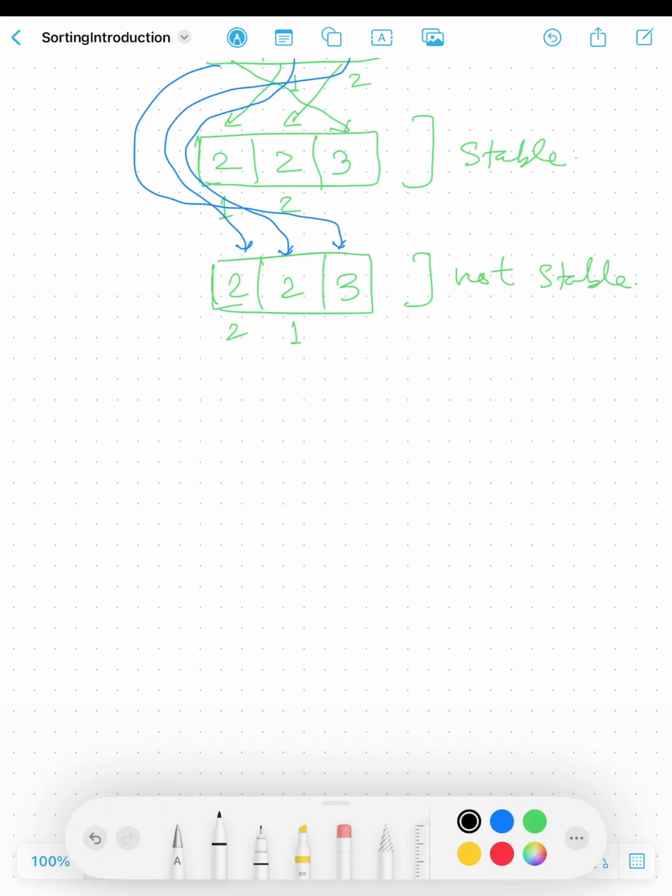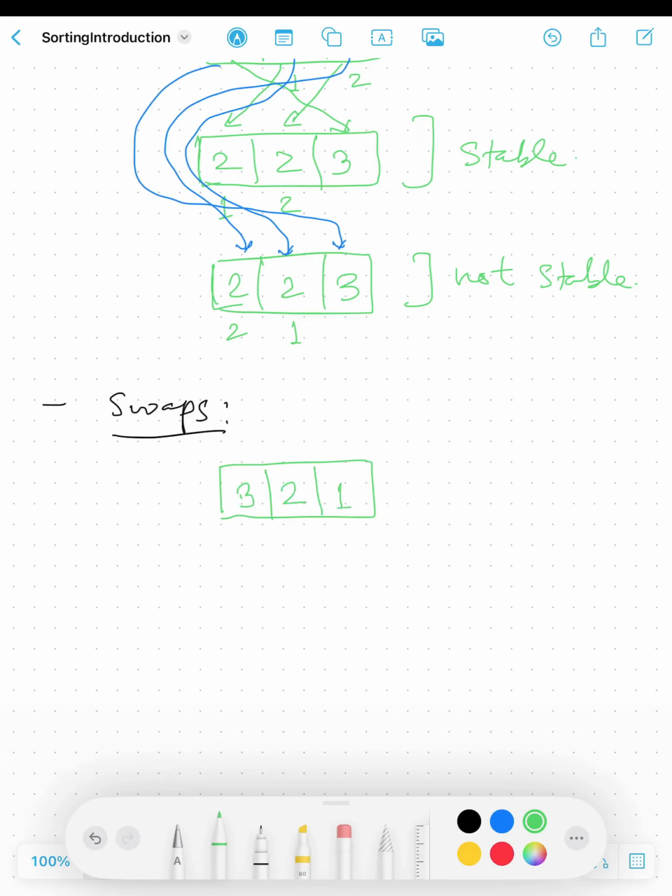After that, we have swaps. This means when we change the index of any value, we are doing a swap.